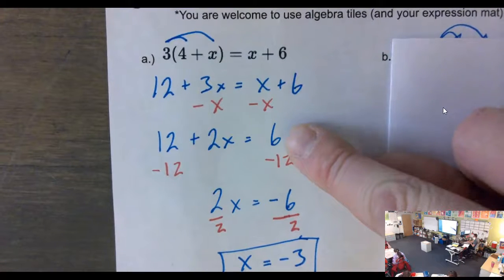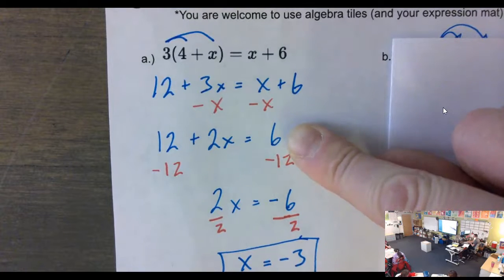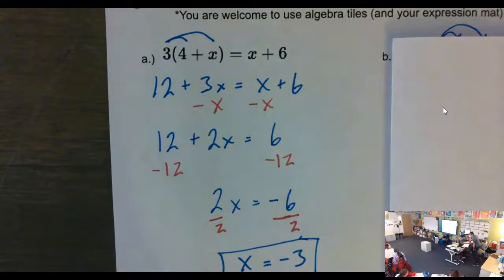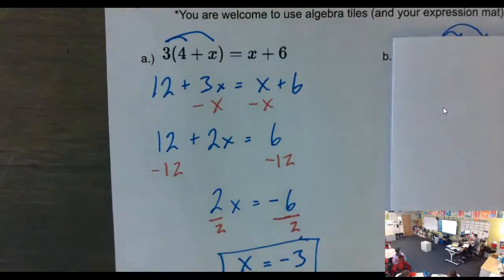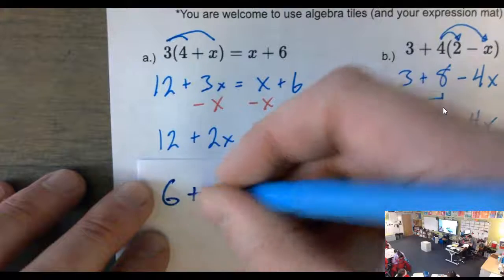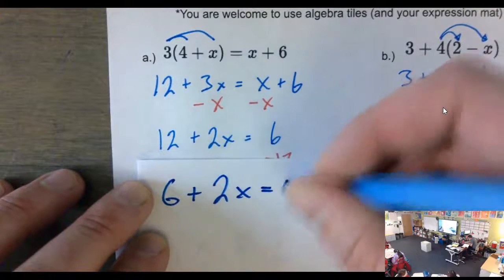If you then took away 6, you did not pick sides. And I probably wrote on your paper, pick sides. Because if you push everything to the same side, like here, I'll give you the example of what I saw people do. I saw people subtract 6 from both sides here, and then they had 6 plus 2x equals 0.